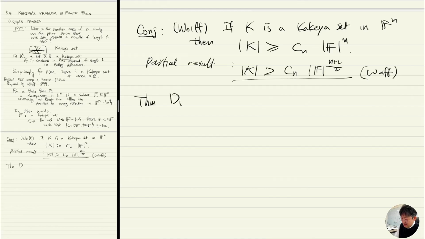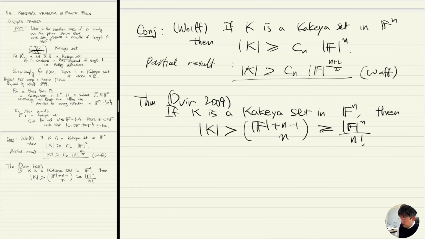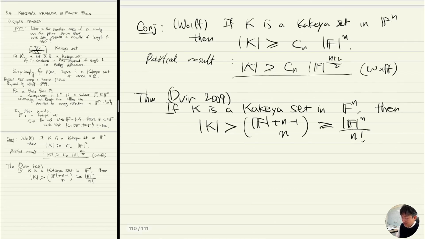Here's a theorem by Dvir in 2009: if K is a Kakeya set in F^n, then the size of K is at least the binomial coefficient (F + n - 1 choose n), which is at least F^n over n factorial. All right, now let's see how you can prove this.